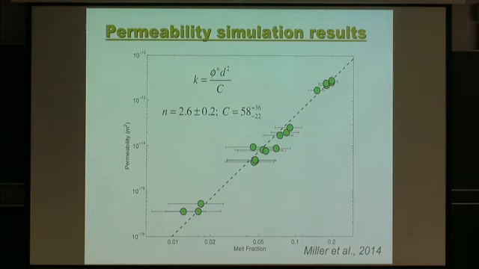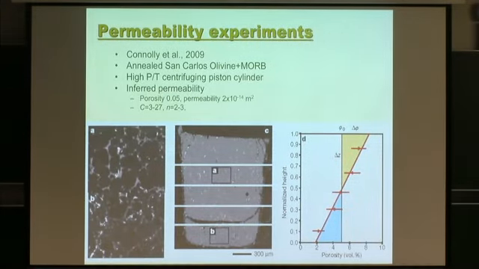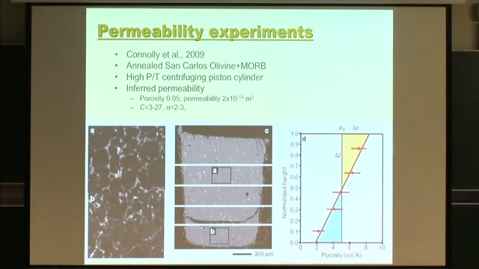But the caveat here is it's 1% to 20%, right? Below 1%, the microtomography cannot resolve the melt channels, all right? We don't have data.